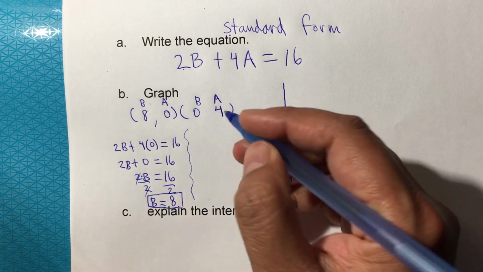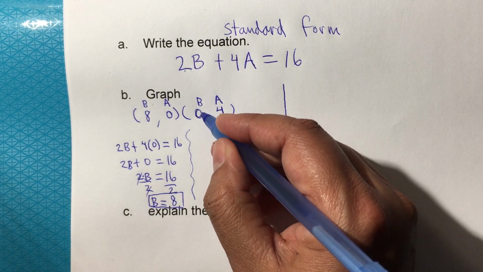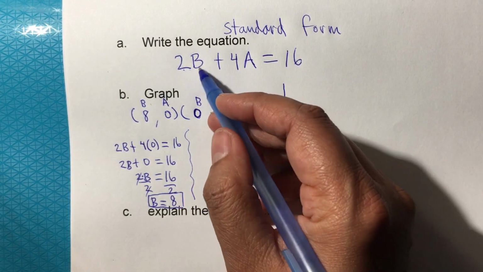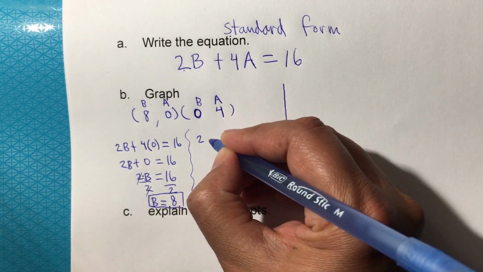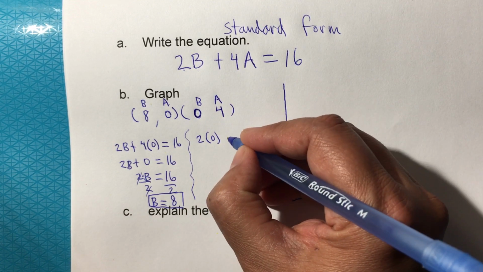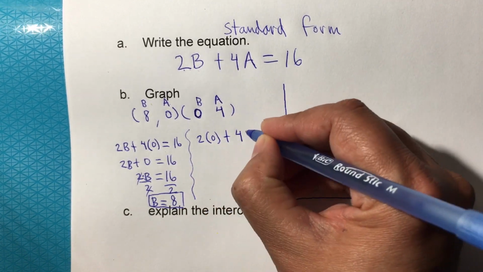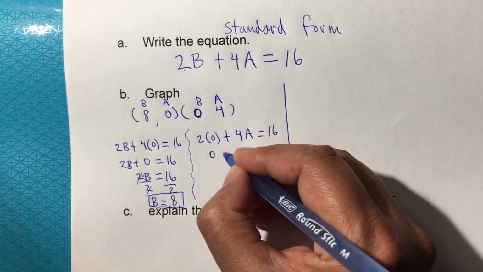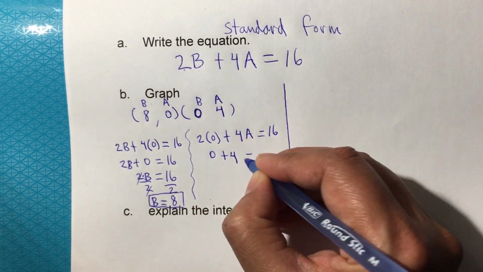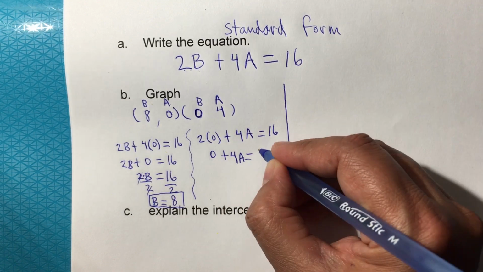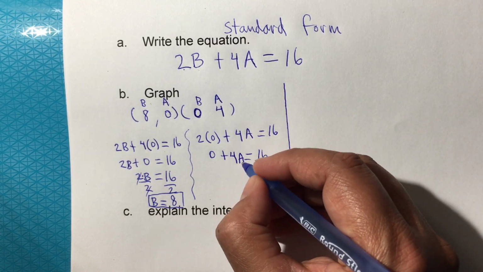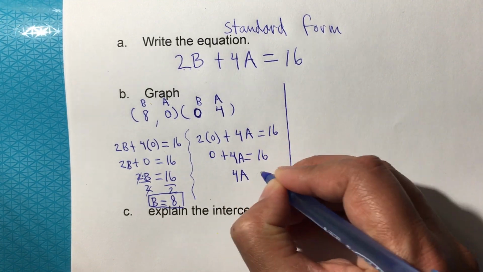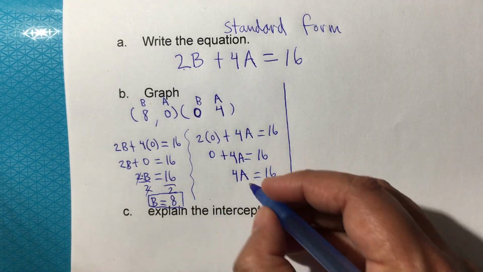For the other one, when the monkey is not searching for bananas, you substitute that for 0. So 2 times 0 hours spent on that plus 4a equals 16. 2 times 0 is 0 plus 4a equals 16. 0 plus 4a is 4a is equal to 16.